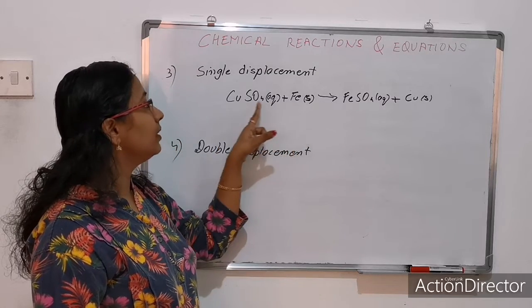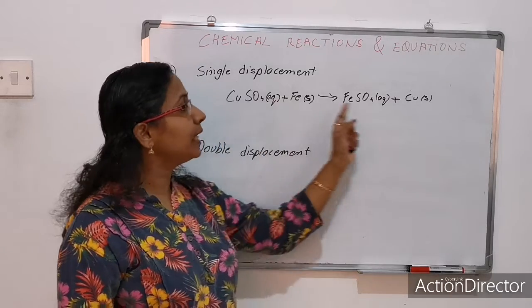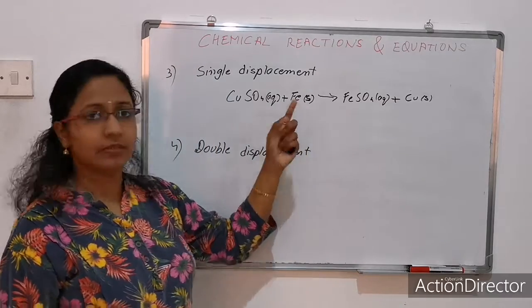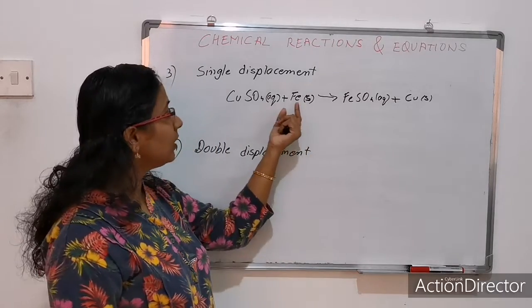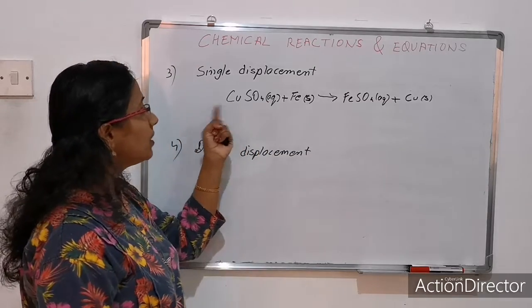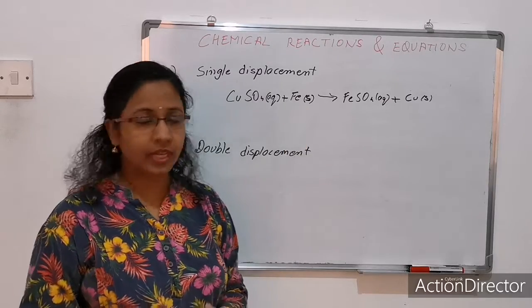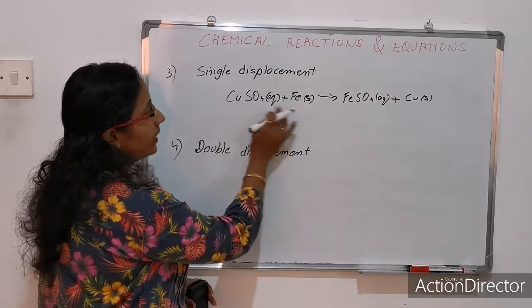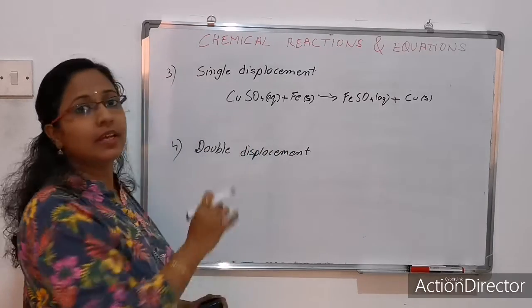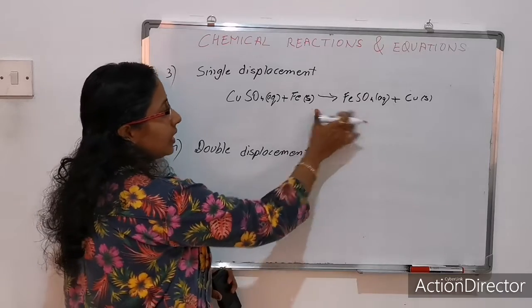So Fe displaces Cu from SO4 and makes a compound with SO4, because Fe cannot stand alone. It makes a compound easily with SO4 since Cu is less reactive compared to iron. So this is called displacement. Fe is displacing Cu from SO4. This is called single displacement.